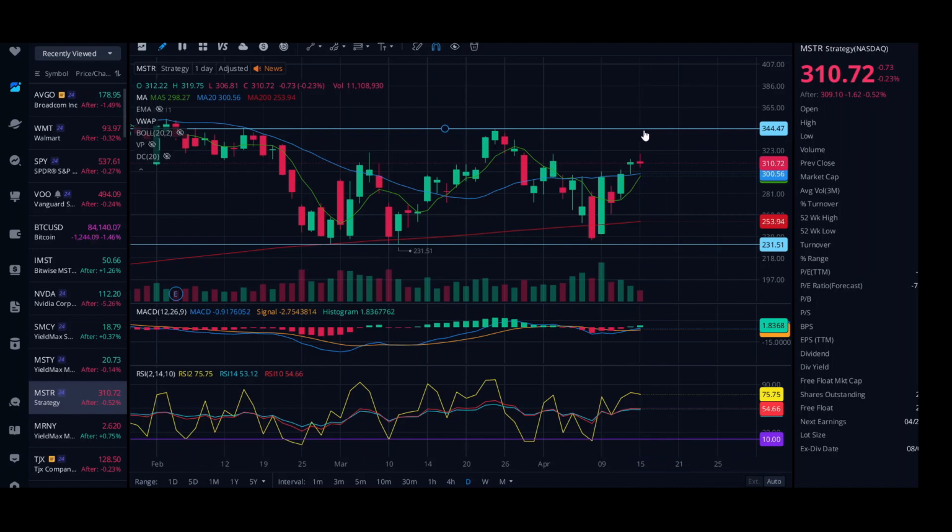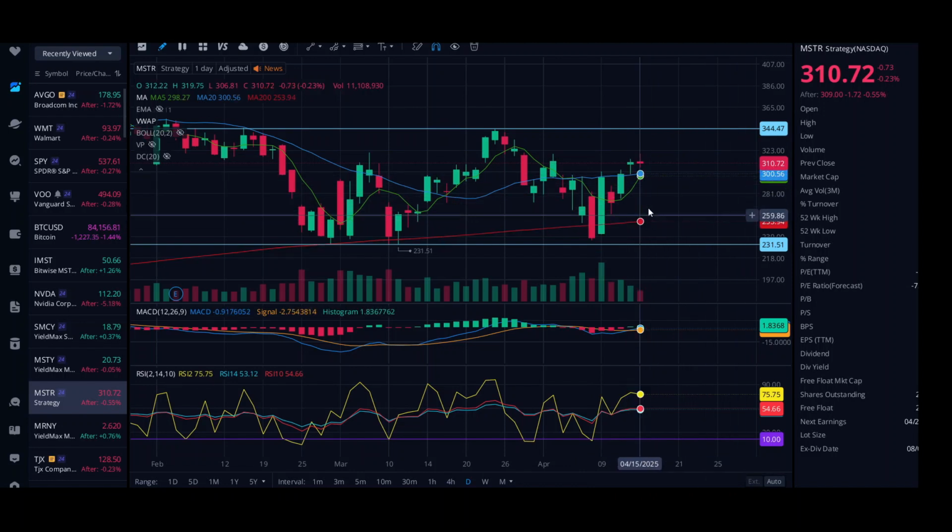This is our resistance line up here at that 344, and we've got our support line at the 231.50. We are staying above that 200-day moving average. That's key there. If we start breaking down below that, we could be on a wild ride down. But as this 200-day moving average keeps moving on up, and this resistance line keeps it from breaking through, eventually one of them will give, right?